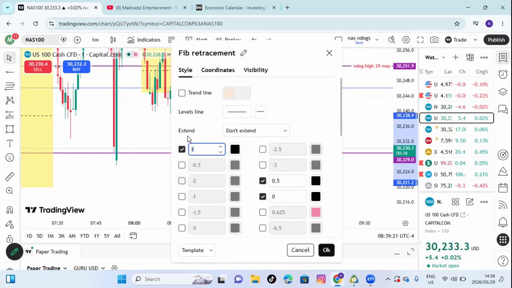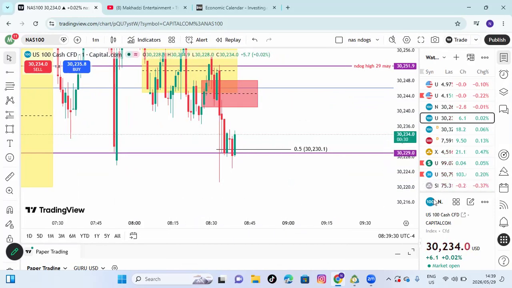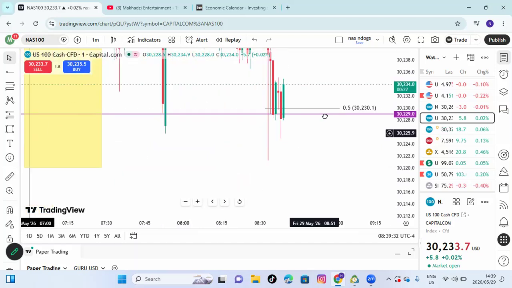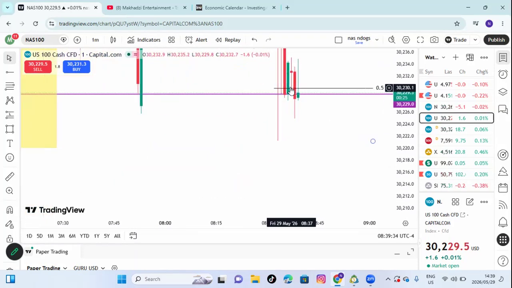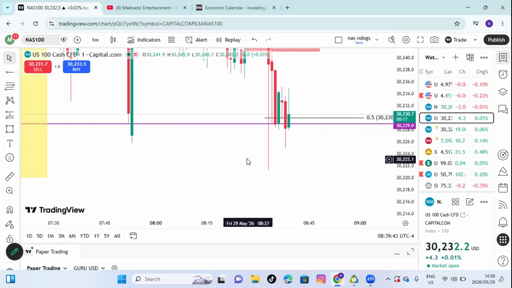Now I'm watching this week. Because closing now here with this candlestick here below 50% of this week is now indicating that this low is next.